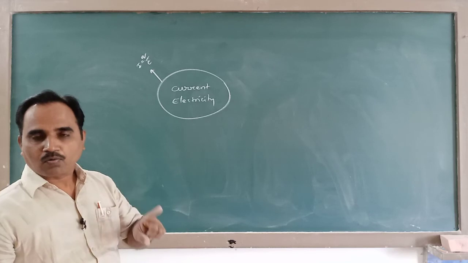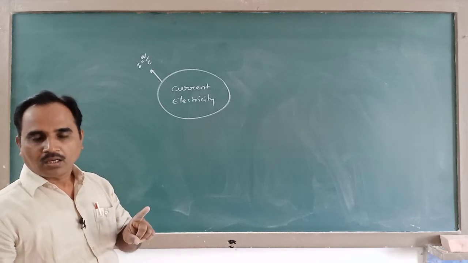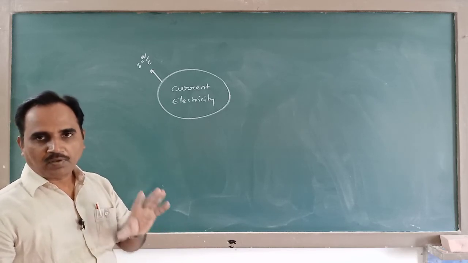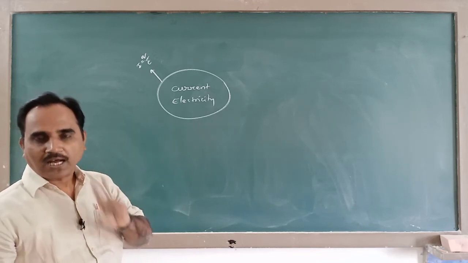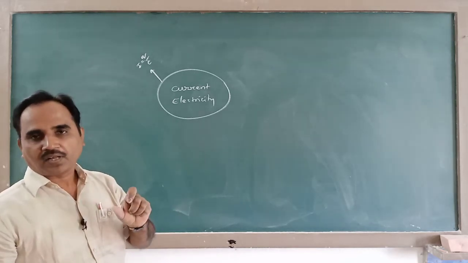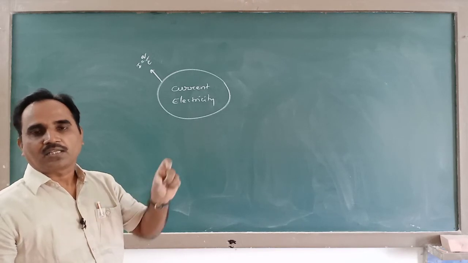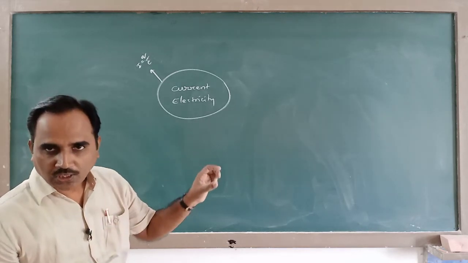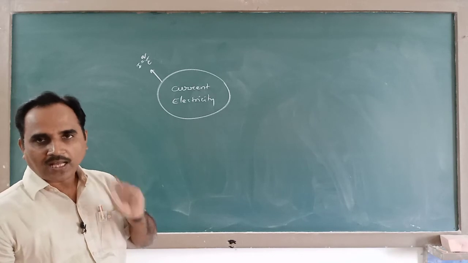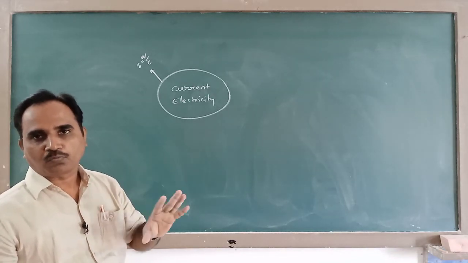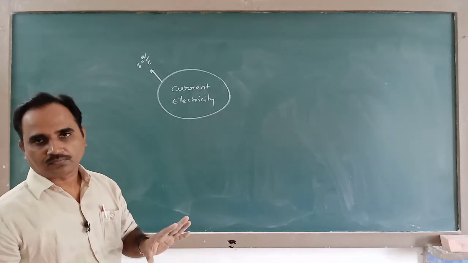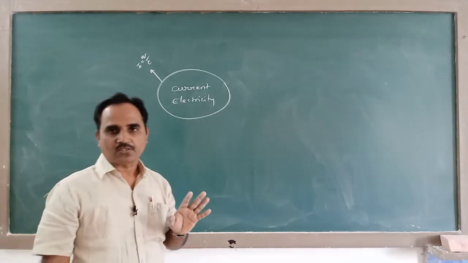So it is a scalar quantity, and the direction of current is always from higher potential to lower potential, or the direction along which positive charge moves, or the direction of current is always opposite to the direction of motion of electrons. You remember all the three statements.